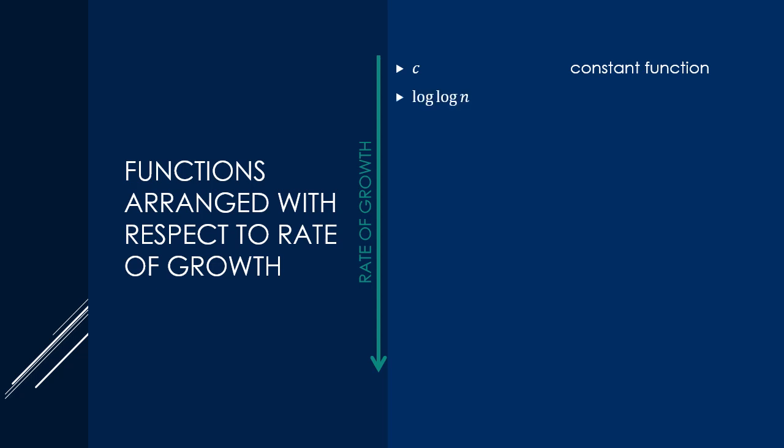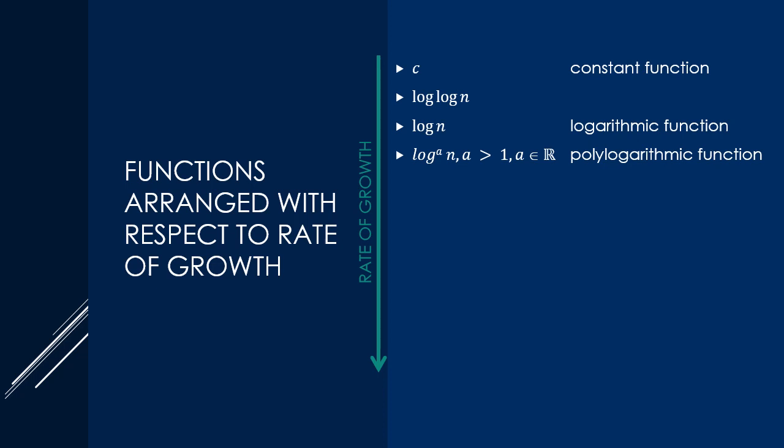Faster than this is the log log n function. Faster than this function is the logarithmic function. And if you take a power to the logarithmic function, you will get the polylogarithmic function, log of n whole raised to the power a.